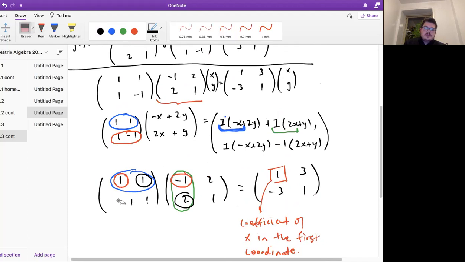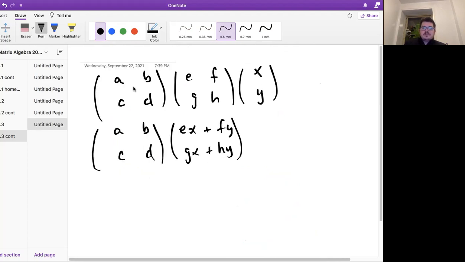Yeah, thank you. Is that better? Yeah, I miswrote that, sorry. So this result would be, let's write it down here, a(ex plus fy) and so on. I'm still doing the composition, but we're going to create the formula.